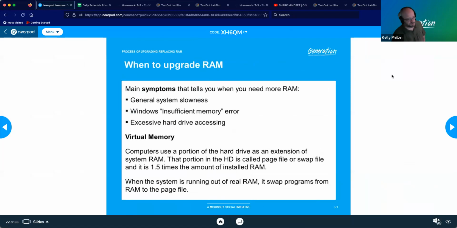When do we want to upgrade our RAM? You know, a better idea of what it is, a couple different varieties of it, a little bit on how it works from a high level. But some main things that we are looking for is general system slowness, so things getting much slower. This could be a symptom of RAM.